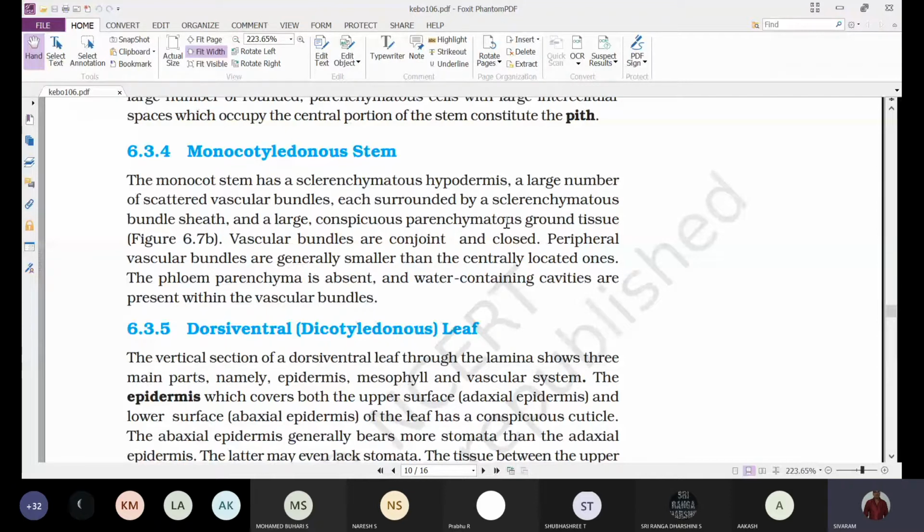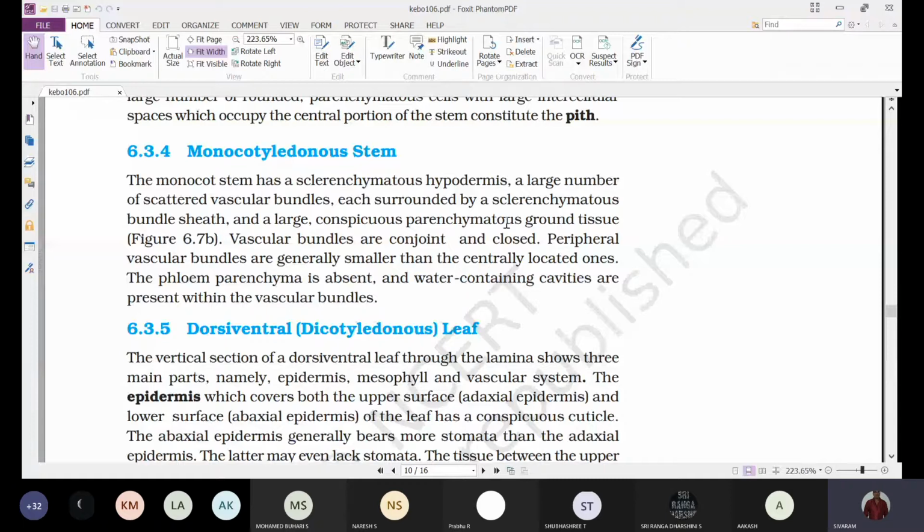In that ground tissue, the vascular bundles are irregularly scattered, that means there is no particular arrangement, distributed throughout the ground tissue. This ground tissue is made up of parenchyma cells. And each vascular bundle is surrounded by a layer of sclerenchymatous tissue called the bundle sheath.